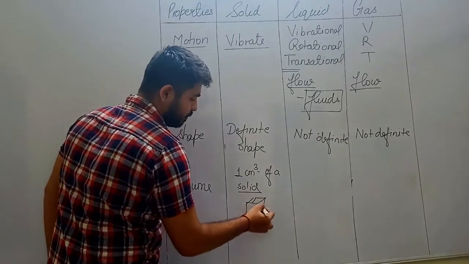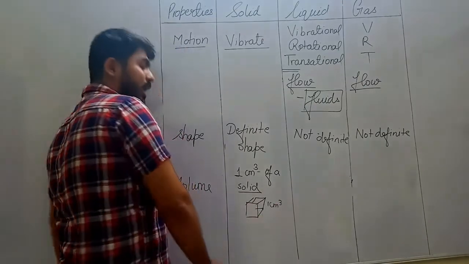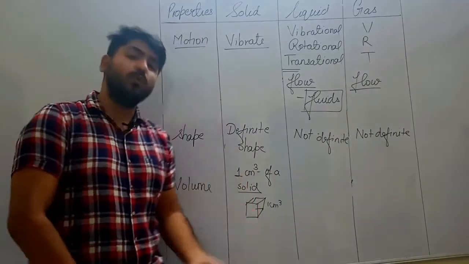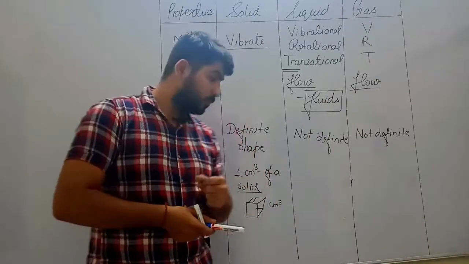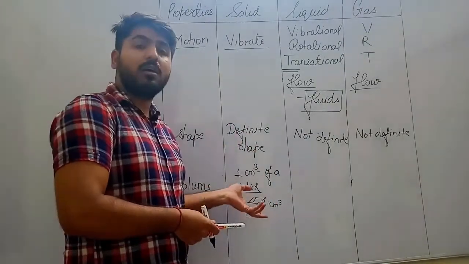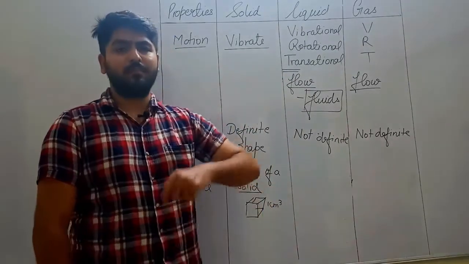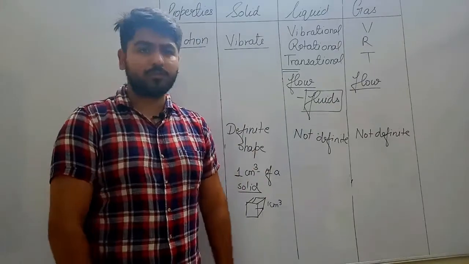If you take a cube of sides 1 centimeter, that volume will be 1 centimeter cube. Now, if you take a solid of 1 centimeter cube, चाहे आप उसको कहीं भी रखें, the volume will never change. It will still remain 1 centimeter cube.